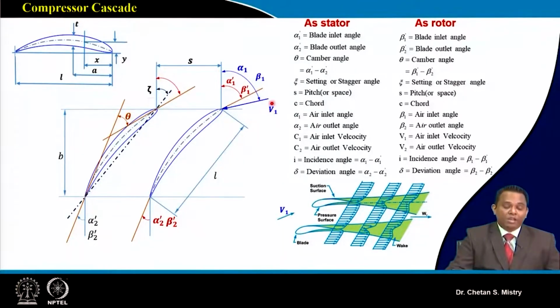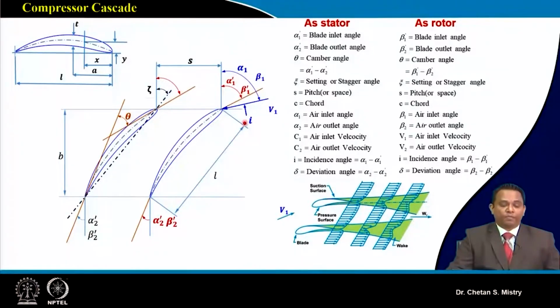So what we mean here is that my blade is designed for a particular beta 1 dash or alpha 1 dash. In spite of that, my flow will enter at an angle other than alpha 1 dash and beta 1 dash, and the difference of these two is defined as the incidence angle. This is the incidence angle.